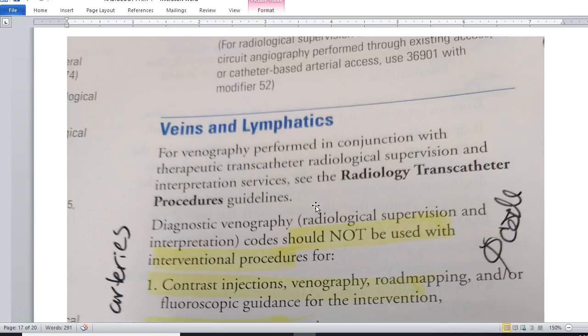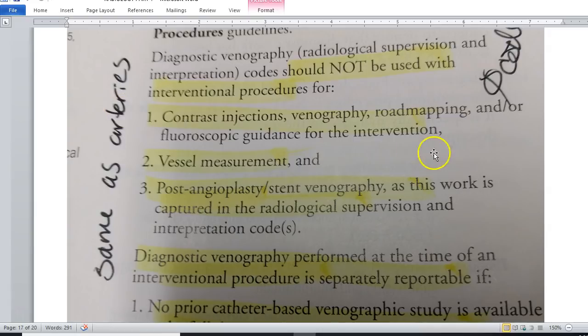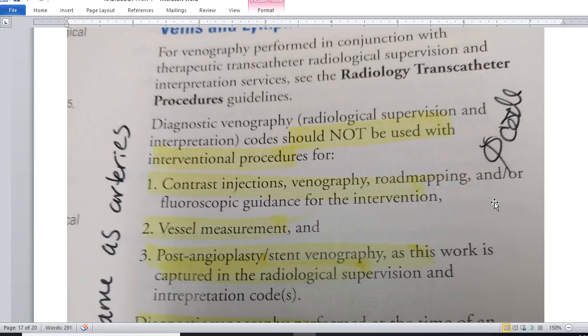When we flip the page, we get to the veins and lymphatics, and guess what? The notation I always make, I'll show you, is same as arteries. So, biggest thing here, when can we, when can't we? It tells us, again, diagnostic venography codes should not be used with interventional procedures for contrast injections, venography, road mapping, and/or fluoroscopic guidance for the intervention, vessel measurements, and post-angioplasty, stent venography, as this work is captured in the radiological supervision and interpretation codes.